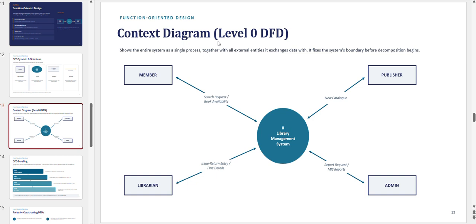Here, first we have search request or book availability from the member, then new catalog from the publisher, then report request or MIS report for the admin, then issue-return entry or fine details for the librarian.